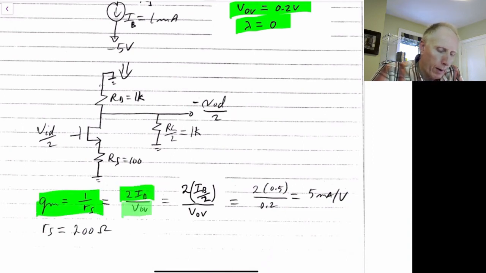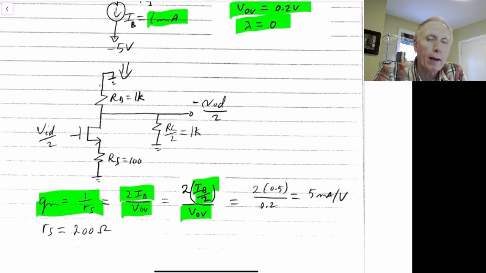ID in this case is going to be IB over 2. So it's 2 times IB over 2 divided by V overdrive. IB was given up above as 1 milliamp. So IB over 2 is 0.5 milliamps. If you put that all into the equations, we have that the GM for this circuit is 5 milliamps per volt. And RS then is 1 over GM, which is 200 ohms.